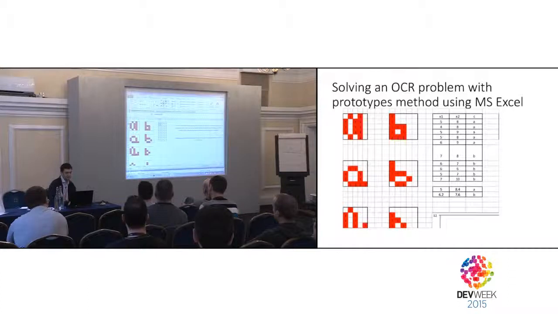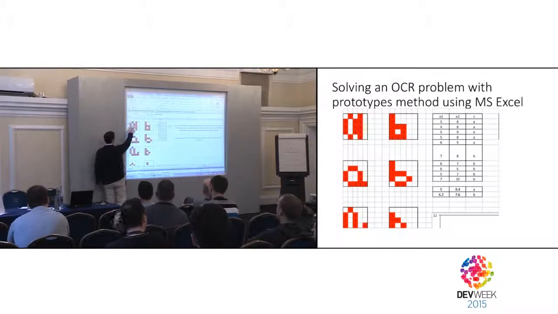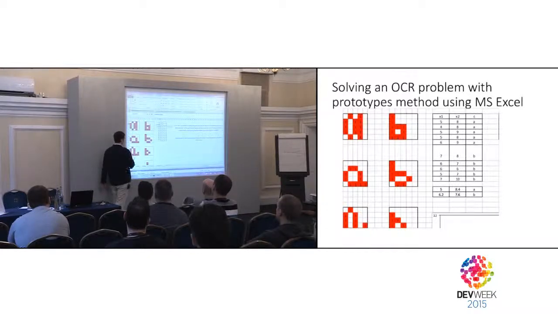I have chosen that the first feature that characterizes an object would be the sum of pixel values in this rectangle. So for each object that we have, the first feature x1 would represent the sum of non-zero pixels in this area.